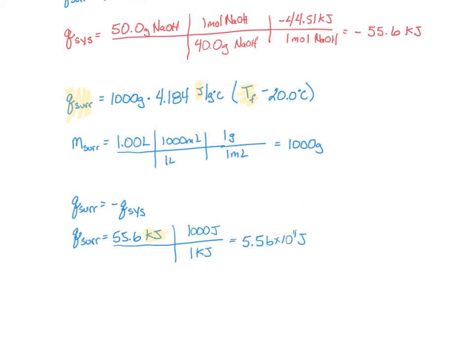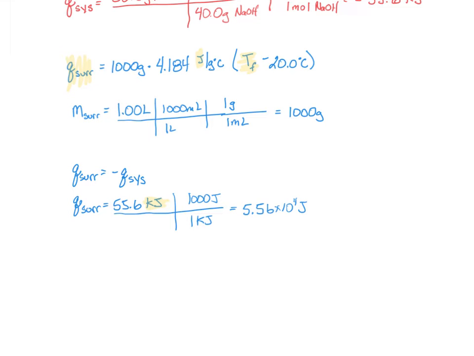Okay? So now I know that Q of the surroundings is 5.56 times 10 to the 4th joules, which is equal to 1,000 grams times 4.184 joules per gram degrees Celsius times the final temperature minus 20.0 degrees Celsius.